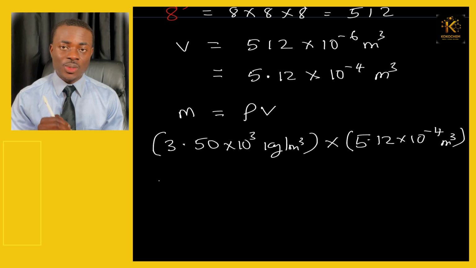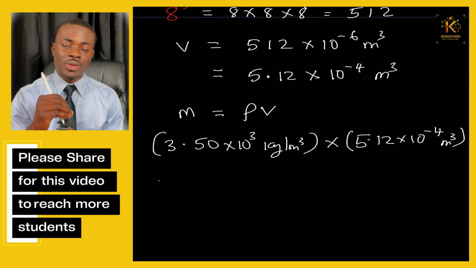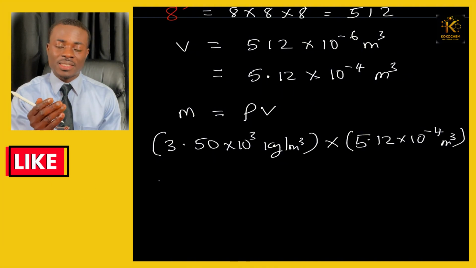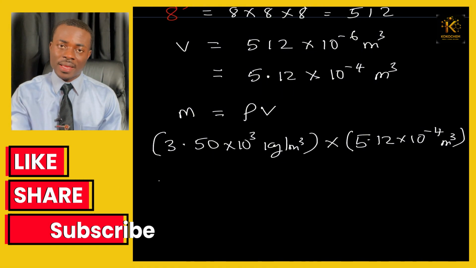What I'll simply do here is reduce the numbers so that it will be easier for me to multiply, because multiplying small numbers is much easier than multiplying bigger numbers.